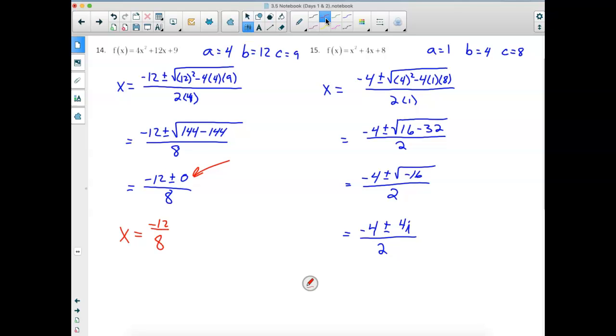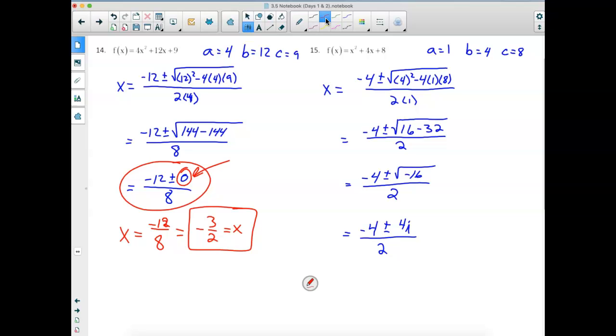The same way negative 12 minus 0 divided by 8 is this same exact number. So actually, I need to reduce this by a factor of 4, top and bottom. So what is that? I get negative 3 over 2. That's what x is. Notice, I get negative 3 over 2 twice. My discriminant is 0. That means one real solution, but it also means the vertex is on the x-axis, which means it's a double root.